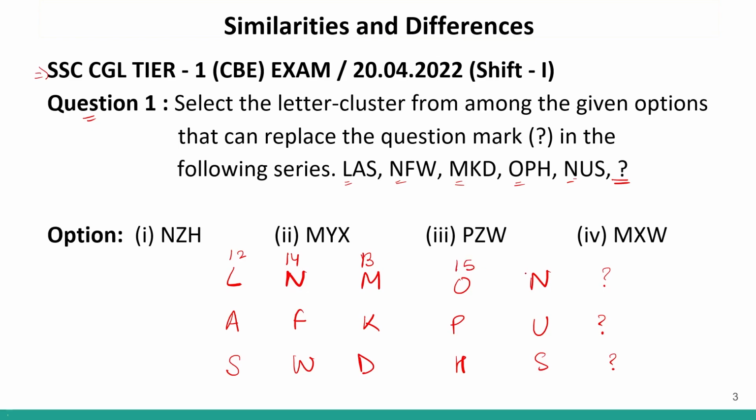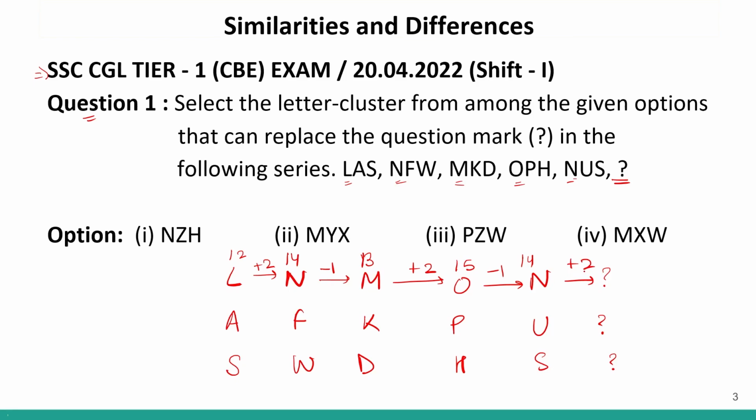The forward rank for N is 14. So here I can see the first series is +2, -1, +2, -1. So we are adding 2, then subtracting 1. 2 positions forward, 1 position back.